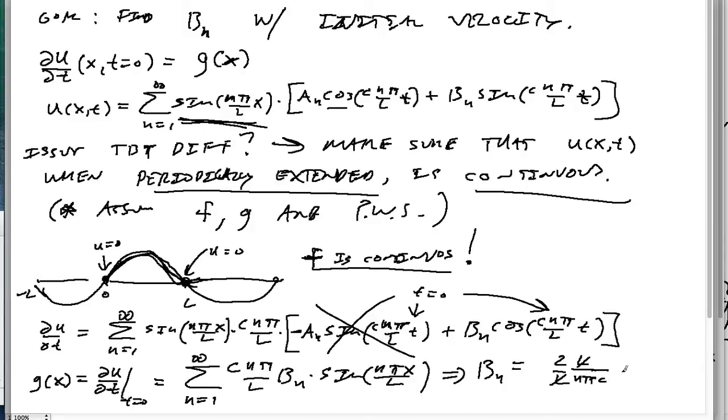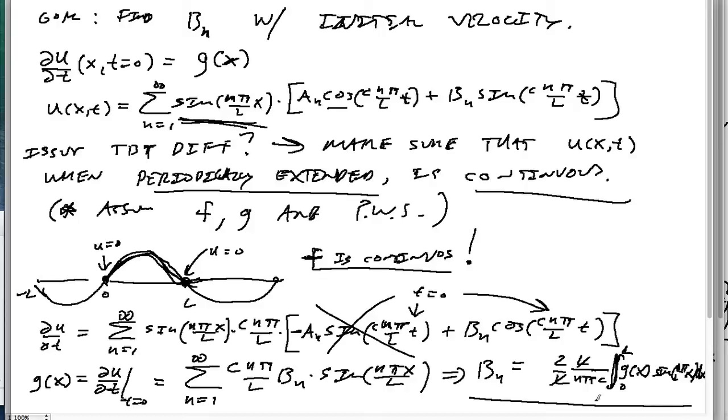So the L's cancel: integral 0 to L of g of x times sine n pi over L x dx. Sorry for cramping my writing there, but I understand that you can probably sort that out.